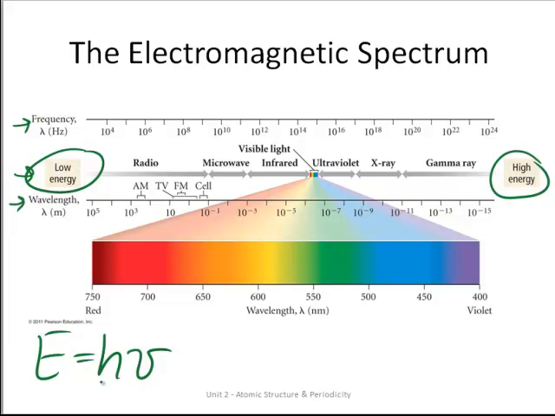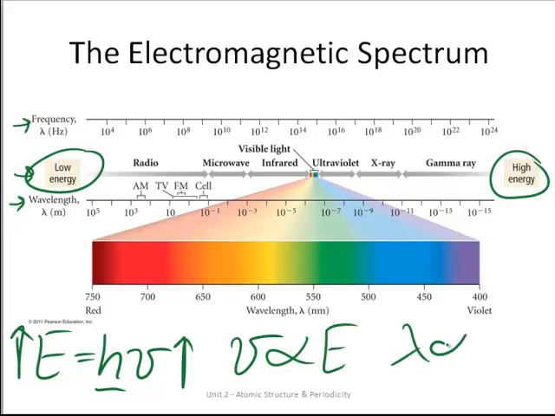Because Planck's constant is a constant, if we increase the frequency, the energy of the photon also increases. So frequency and energy are proportional. And because frequency and wavelength are inversely proportional, as we previously stated, we can infer that wavelength is inversely proportional to energy.